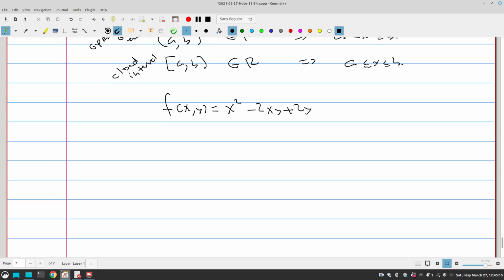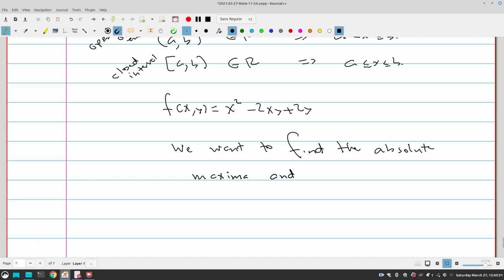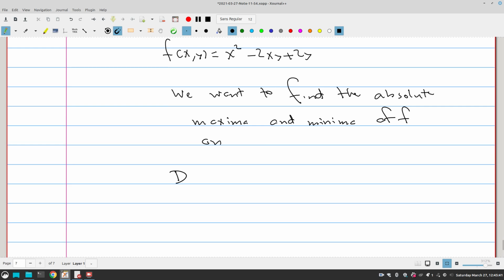And we want to find the absolute maxima and minima of f on the domain that is given by D, the rectangle 0 ≤ x ≤ 3, 0 ≤ y ≤ 2.